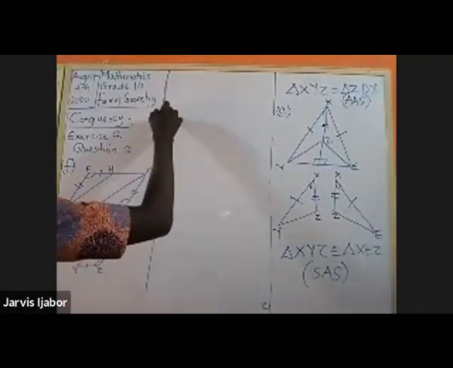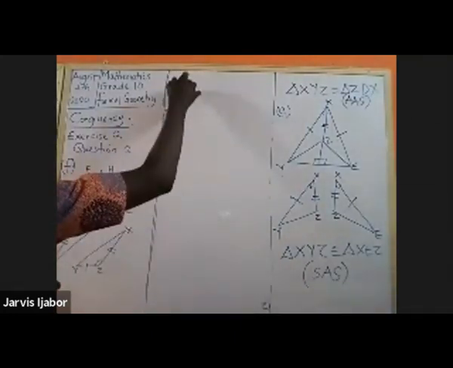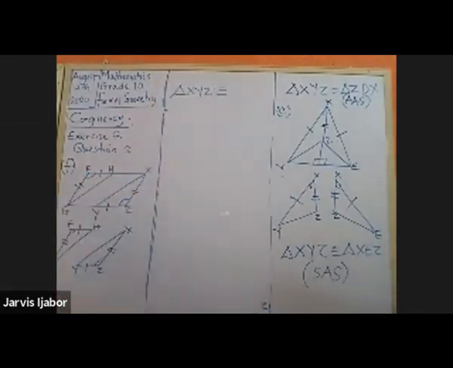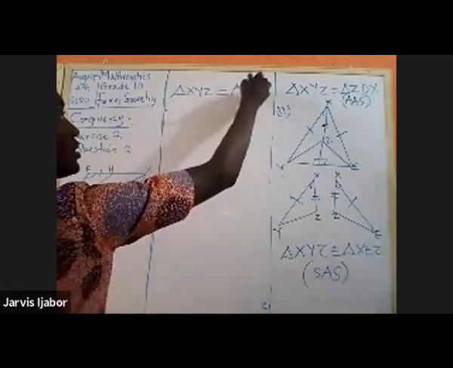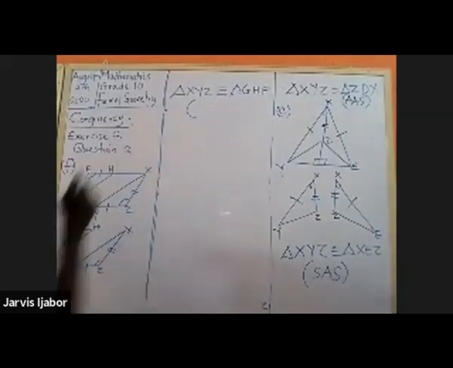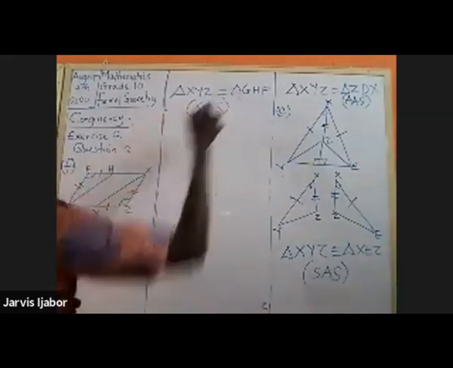So triangle XYZ is congruent to triangle GHF. And what's the reason for their congruency? Side, angle, side. Right, that's for F.